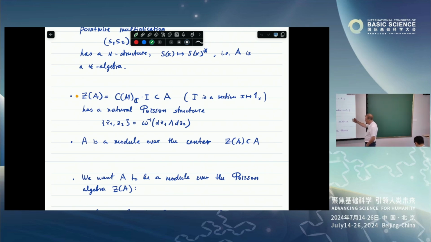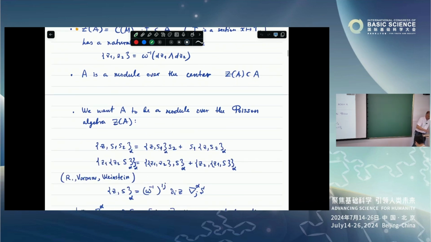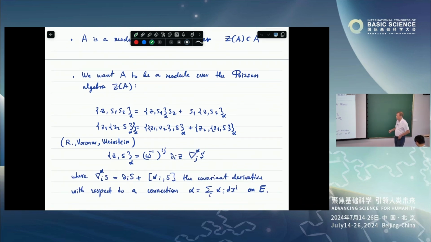On the center, since it's isomorphic to functions on M, we have a natural Poisson structure. The whole algebra is a module over this commutative algebra. But we want a little more. We want to lift the classical dynamics to this bundle of hybrid observables. For this, we need a Poisson bracket between generic sections and central elements.